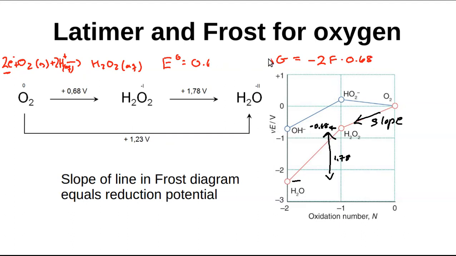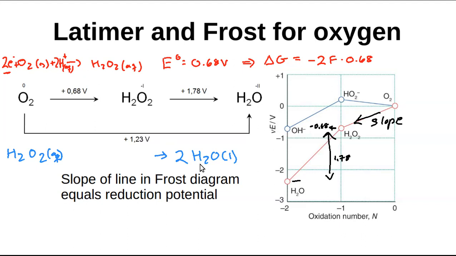Okay, let's go for the second one. H2O2 aq to H2O liquid. What is it? 2 oxygen here, it's only 1, so we need 2 of them to balance oxygen.